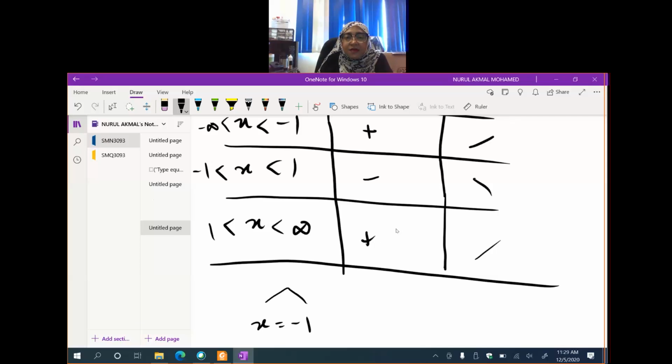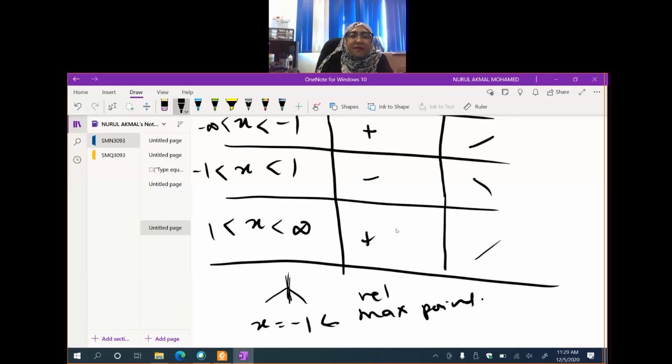Okay, this is x equal to -1. It's in the middle. So it means that this is a relative maximum value. And for this one, x equal to 1, it's decreasing first and then it's increasing.